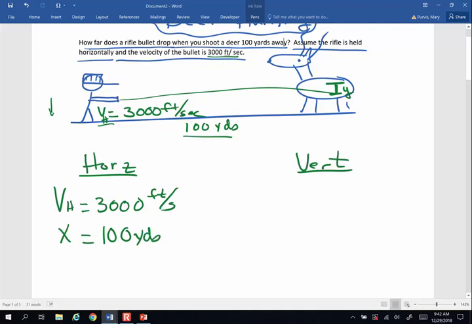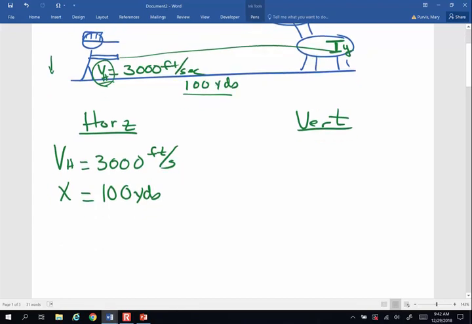Now I also know in the horizontal direction, the only equation I can use is constant velocity, v = x over t, because in projectile motion, that horizontal velocity is going to be constant. So t is something I can solve for, but let's write down all our information, then we'll go back and solve it.